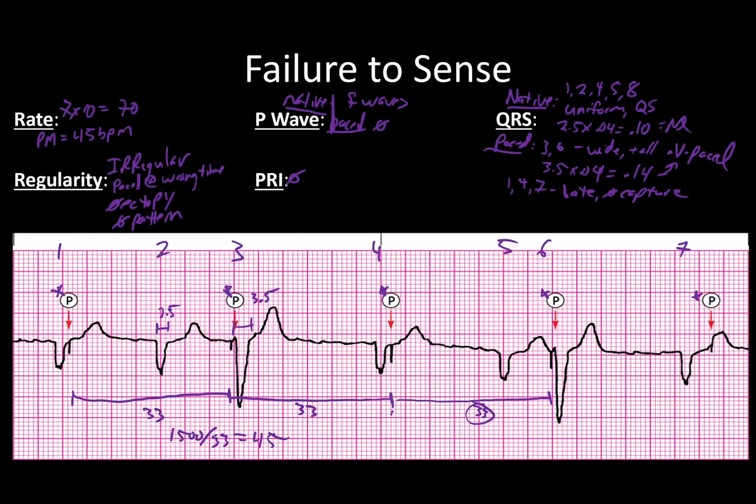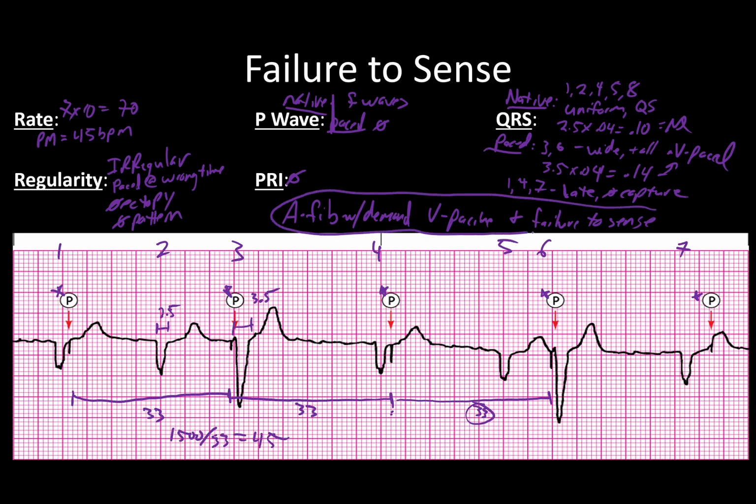Ultimately, what I would wind up naming this would be AFib with demand ventricular pacing and failure to sense. I realize it's a pretty long title, but again, we've got a problem, so we have to use very specific words to try and explain what we see.